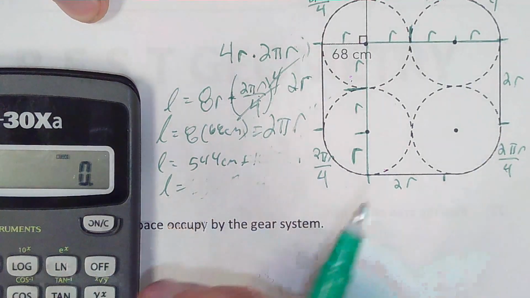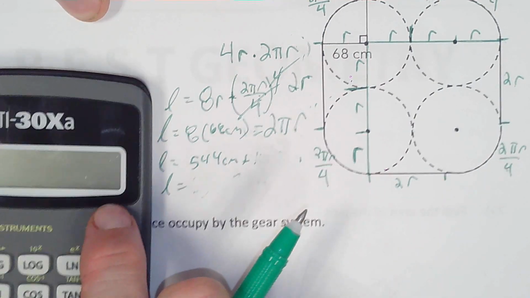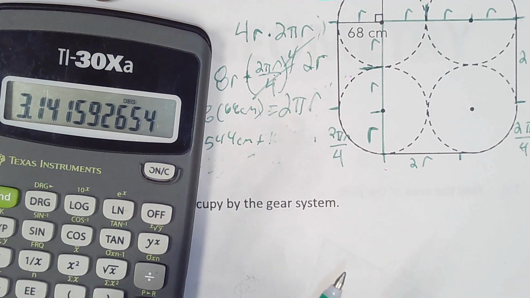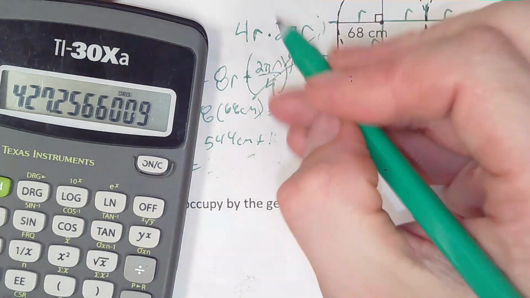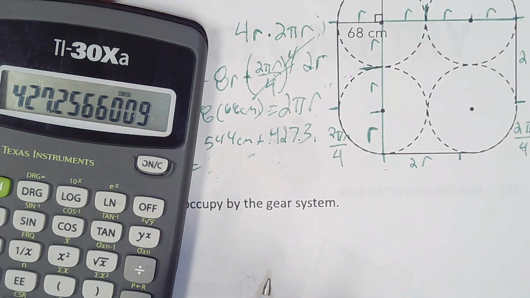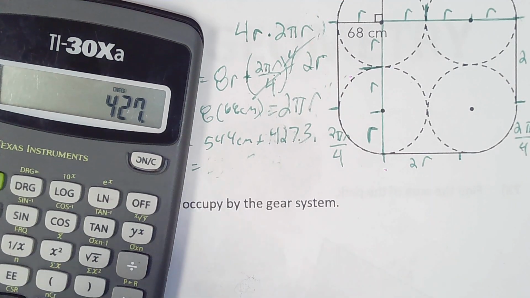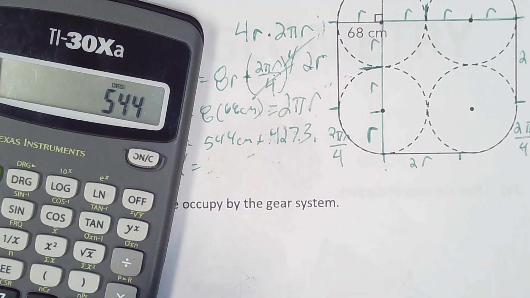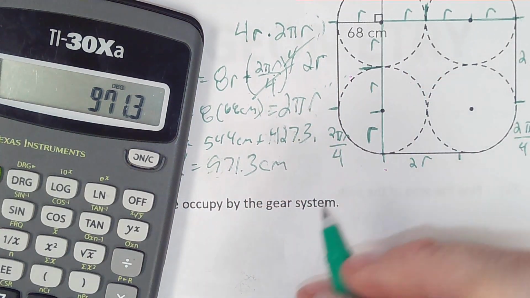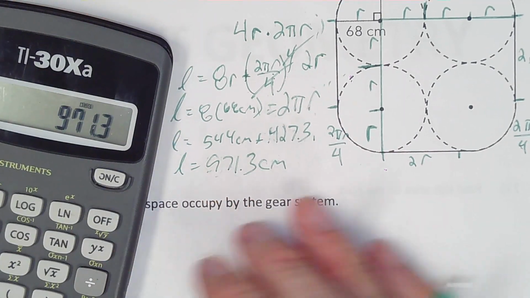All right, so it's going to be, again, 544, and then 2 times pi times 68, which equals 427.3. So 427.3 plus 544 is 971.3 centimeters. So there we go. Let me check the key real quick.